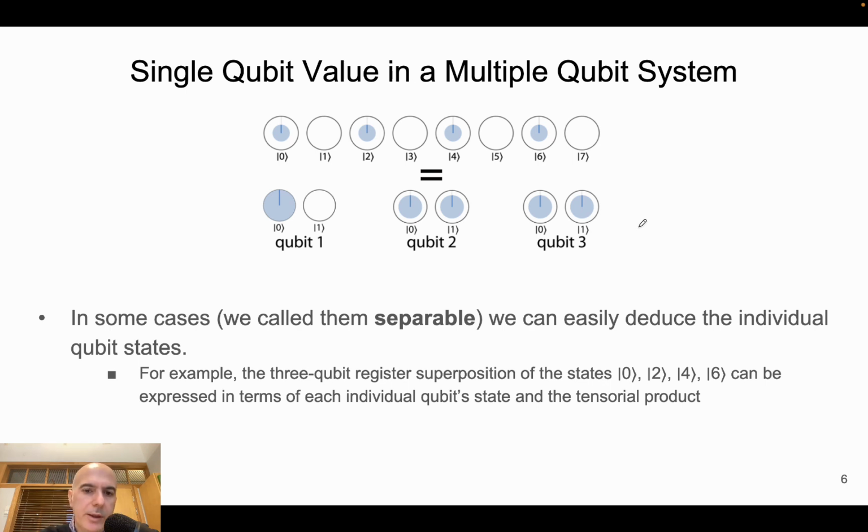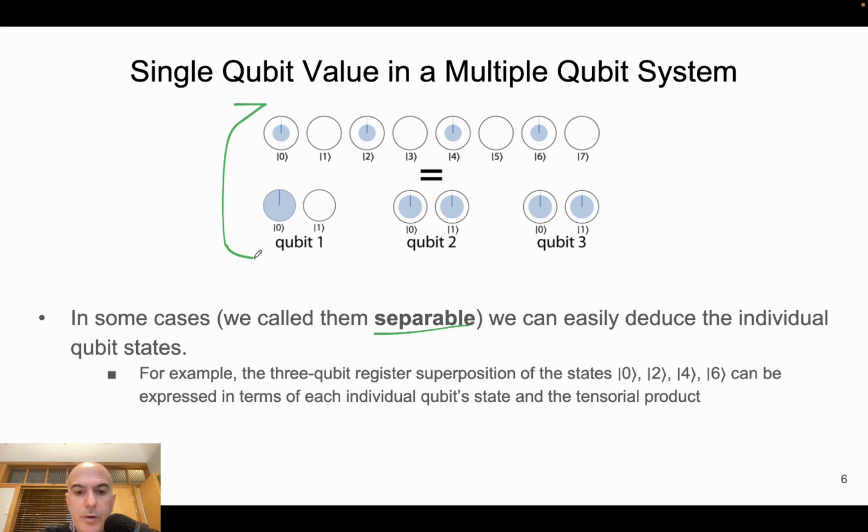We saw before that when we have a multiple qubit system, we can represent it as a combination, that is the tensor product of different qubits. In this case, we call such a system separable. This is, for instance, a case that is separable.